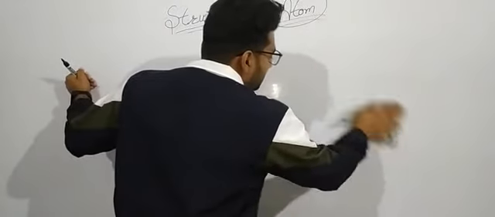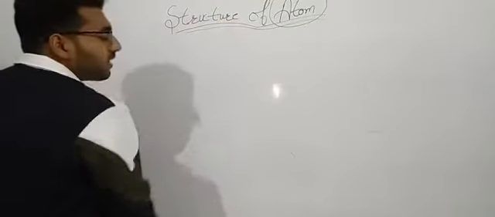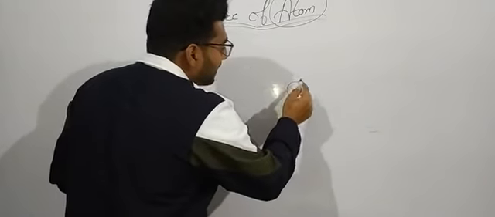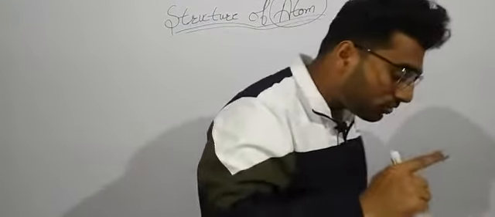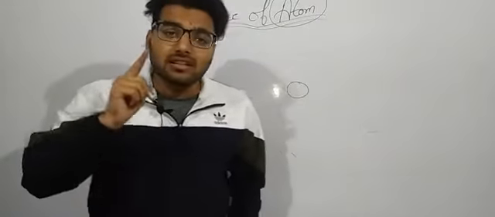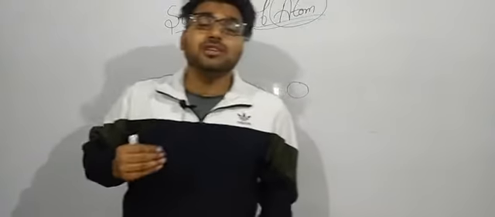So Bohr said that yes, the electrons are revolving around the nucleus, but the thing is, electrons are revolving around the nucleus in some discrete specific orbits, and in those specific orbits electrons are not losing energy.